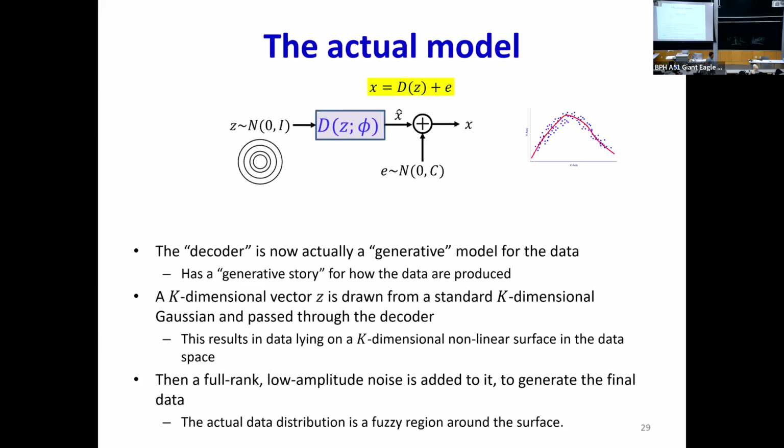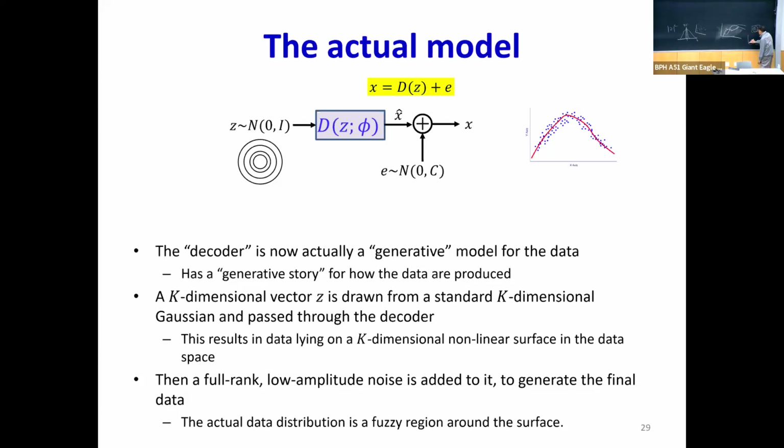A different way of looking at it is that my standard Gaussian has some distribution in, say, two-dimensional space in my example. The decoder is going to convert this to a surface. What is the dimensionality of the surface? If the input is two-dimensional, what is the dimensionality of the curved surface in the higher dimensional space? 2, it can't be more than 2, correct? And so the decoder is going to warp and bend this guy.